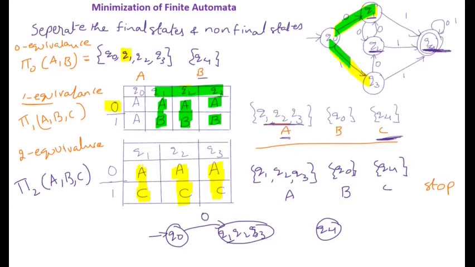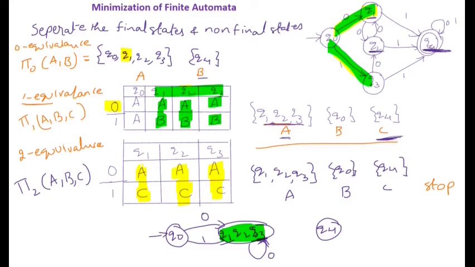Q0 on 1 is moving to the state Q3 and Q3 is here, so we join it. Here you can take any of the states Q1, Q2, Q3. In the given DFA, Q1 on 0, Q2 on 0 and Q3 on 0 all move to the same state Q2. We need to write a loop here with the input symbol 0.